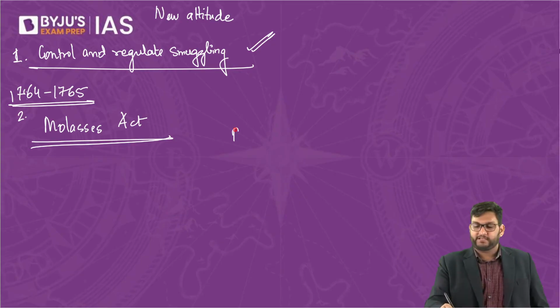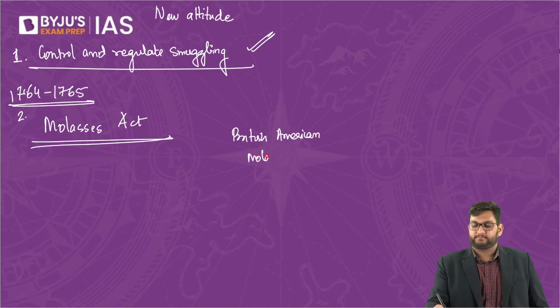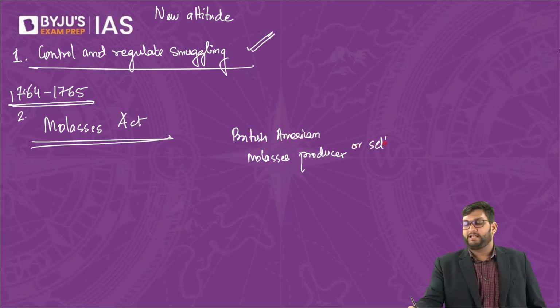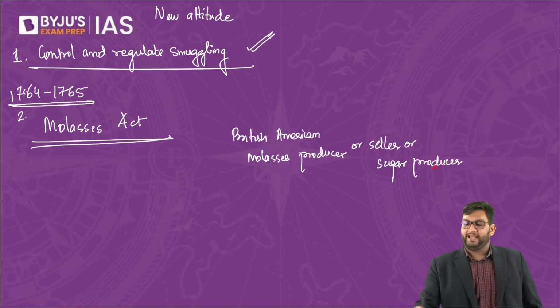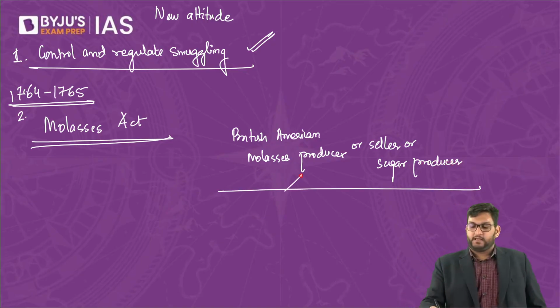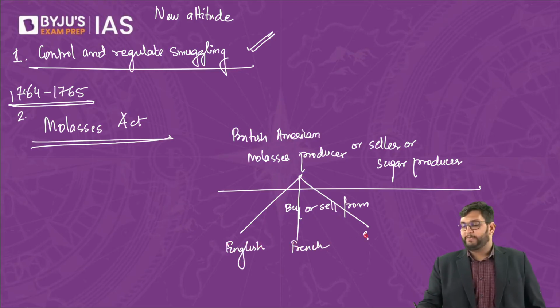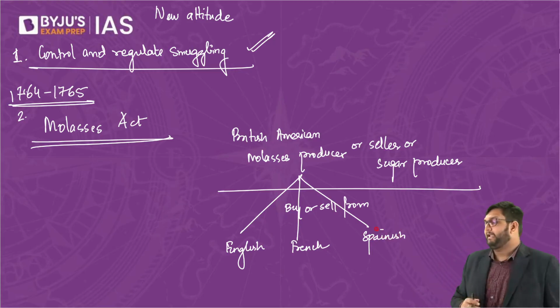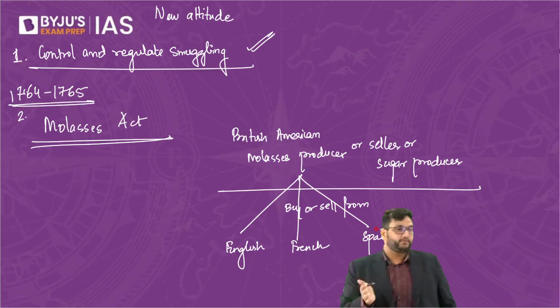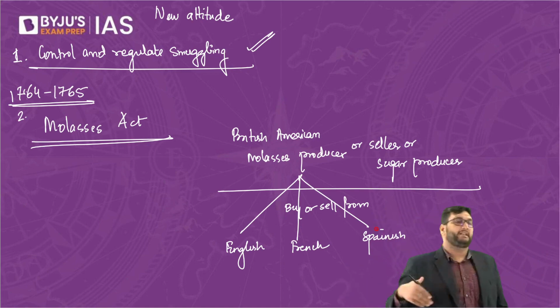Basically, a British American molasses producer or seller or sugar producer had multiple options, which is that he could buy or sell from the English, from the French, or the Spanish. He could actually buy molasses or sell molasses to any of these three. All of them are available in that same Caribbean island sector.